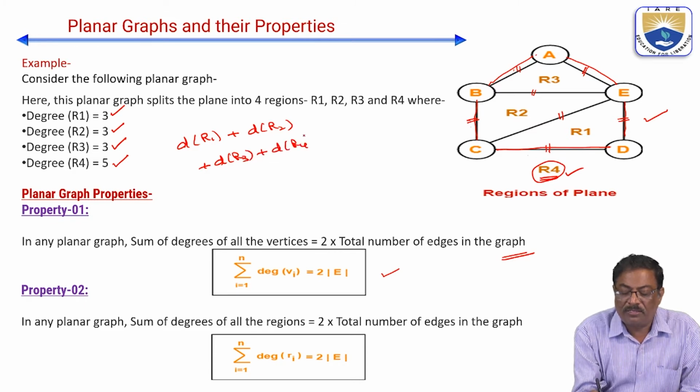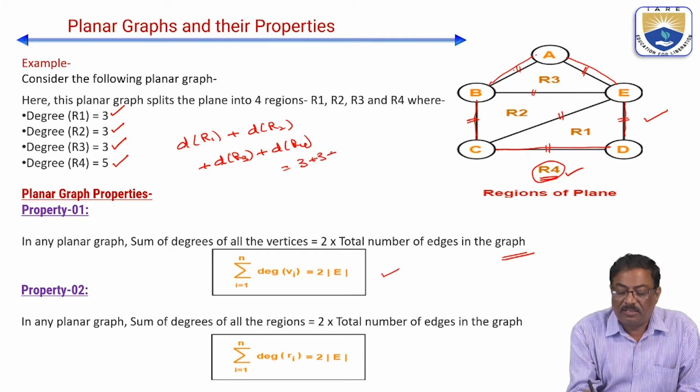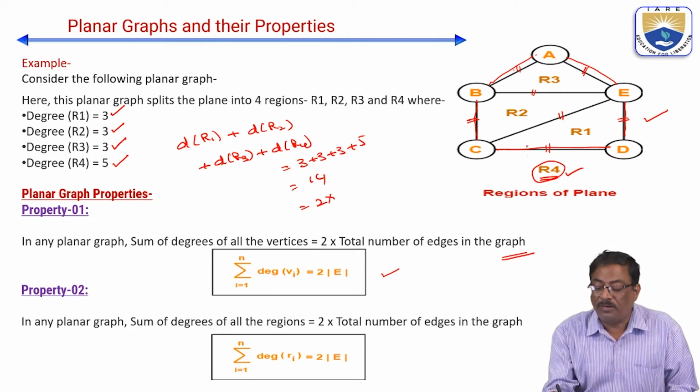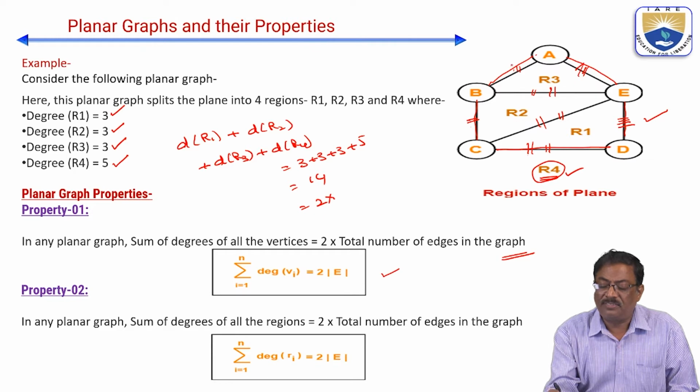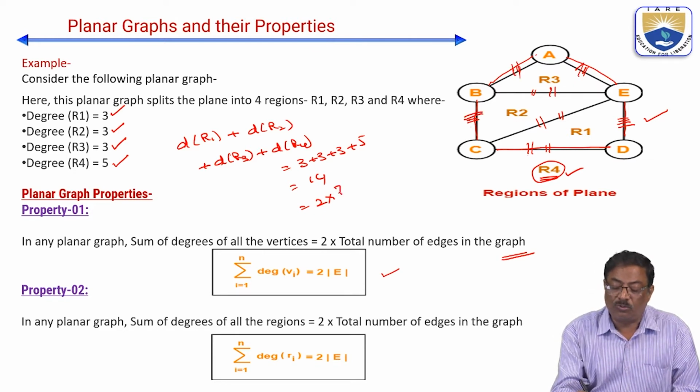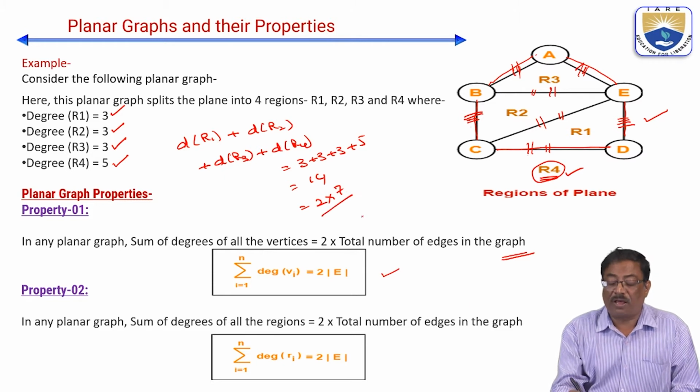What am I going to get? So it is 3 plus 3 plus 3, 9, plus 5. It is equal to 14. So 14 can be written as 2 into how many edges it is having? 1, 2, 3, 4, 5, 6, 7 edges. So it is 2 into 7, the number of edges in the graph.